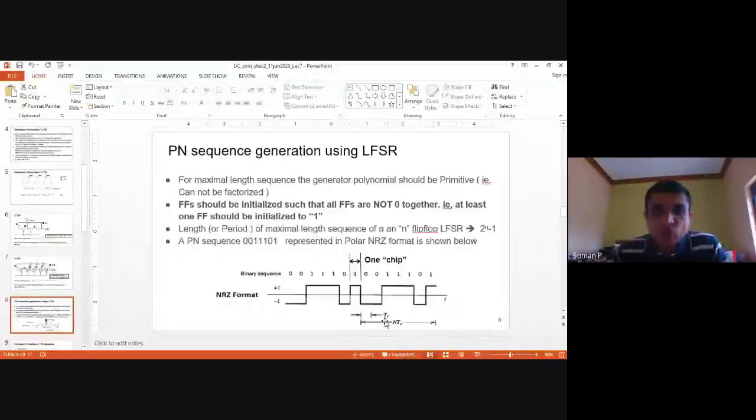This one bit is called one chip, represented generally by Tc.